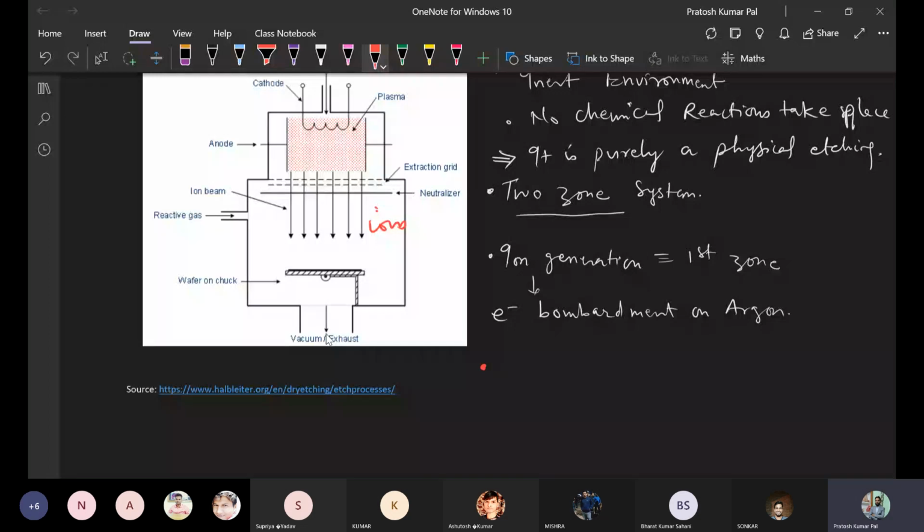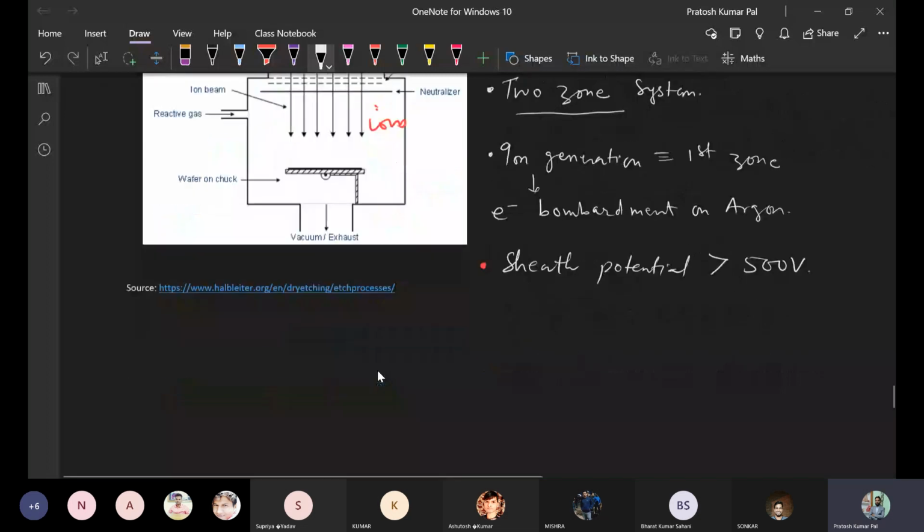In this case, the sheath potential that is generated is considered to be greater than 500 volts. In the chart we have seen in the previous class, the potential generated is more than 500 volts, so it is a high potential generation.